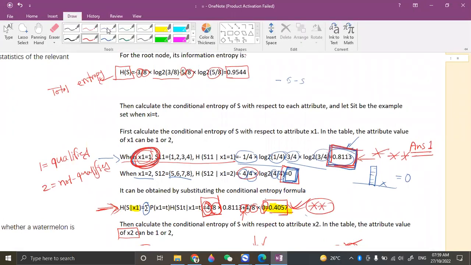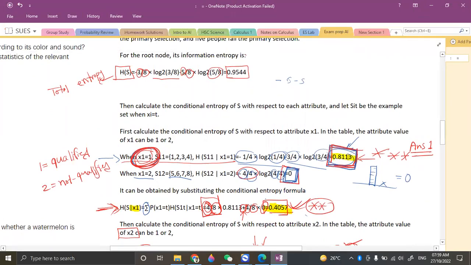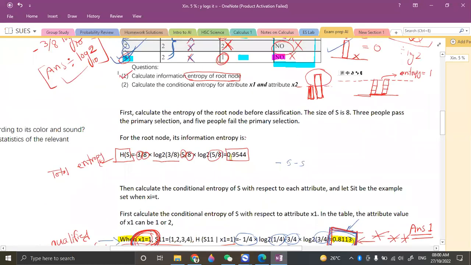Entropy is here in the first line. I mentioned it here, right? Here is the entropy. You see, total entropy. So this is the total entropy.